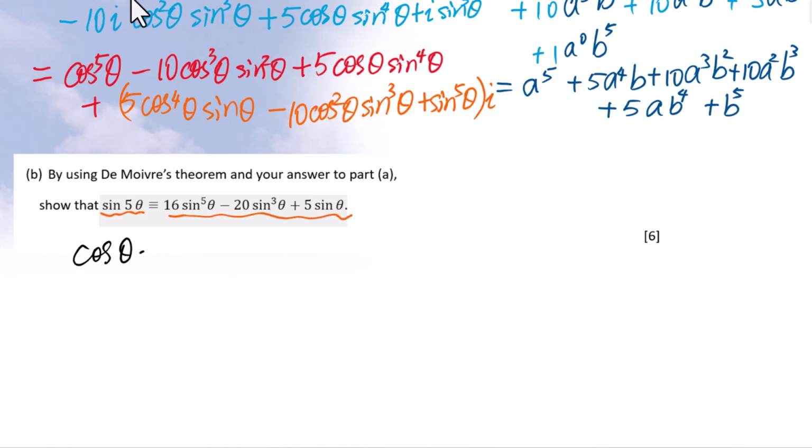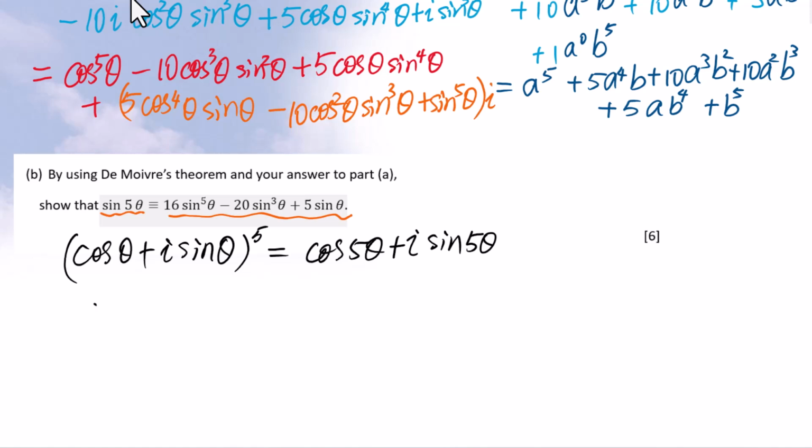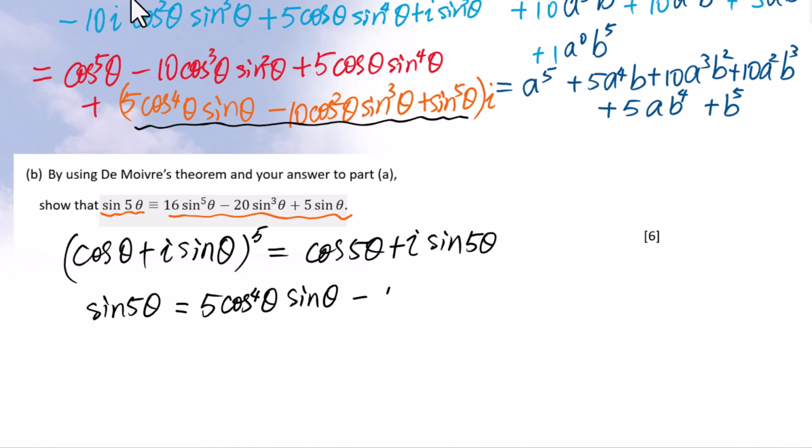We know (cos θ + i sin θ)^5 equals cos 5θ + i sin 5θ. Therefore, sin 5θ equals the imaginary part of this complex number, which is 5 cos^4 θ sin θ minus 10 cos^2 θ sin^3 θ plus sin^5 θ.